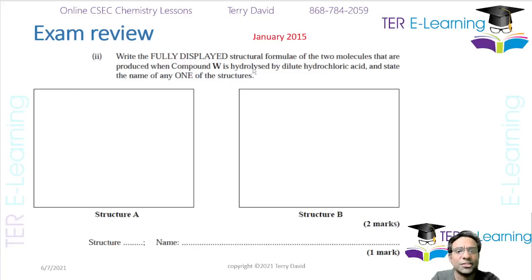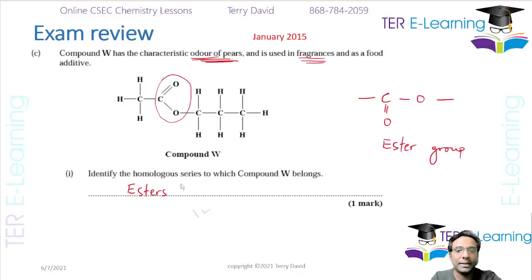Now, here's what I want here. Write the fully displayed structural formulae of 2 molecules that are produced when W is hydrolyzed with dilute hydrochloric acid, and state the name of any one of the structures. To make an ester, we need an organic acid plus an alcohol.